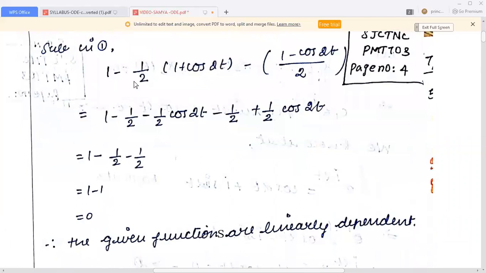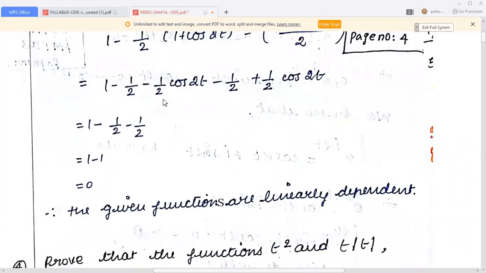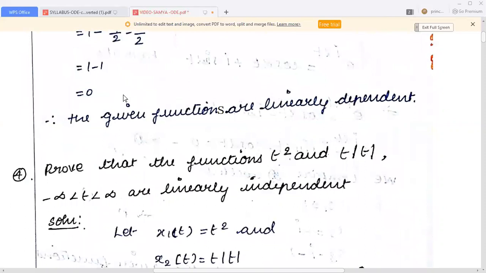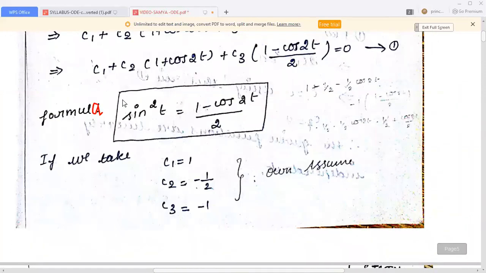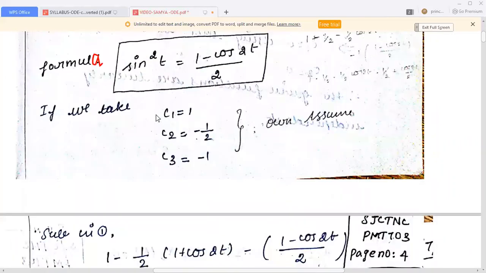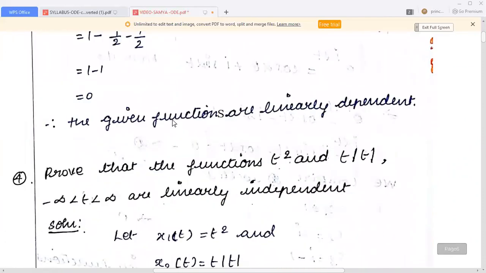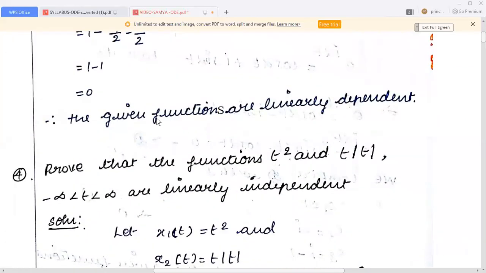Here, if you substitute the values, the linear combination gives 0. Therefore, the constant values are not 0. Therefore, the given functions are linearly dependent.